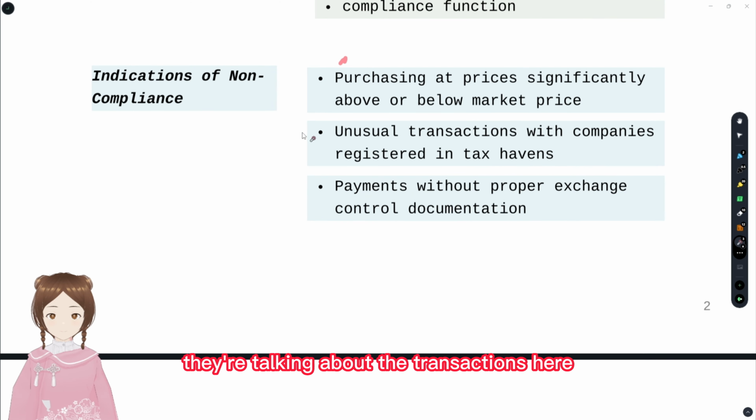They're talking about the transactions here, and the payments without proper exchange control, like they're simply making the payment to foreign operations without proper written documentation, like they're not purchasing any kind of property or goods, or not taking services in writing.